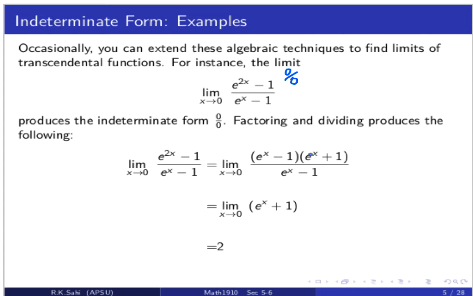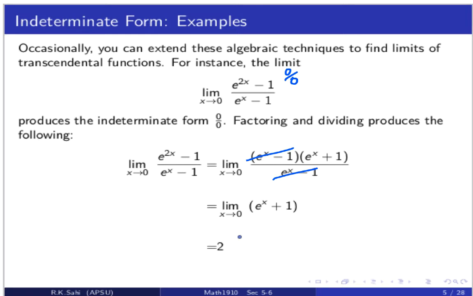With that factorization, we can easily cancel out (e to the power x minus 1) over (e to the power x minus 1). That was the problem which was happening. When we removed this common term, we are left with e to the power x plus 1. When we apply the limit, the answer is straightforward: 2.